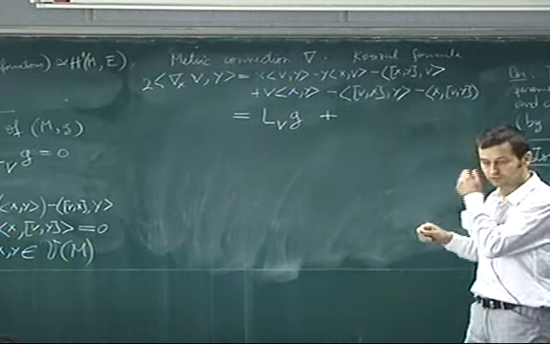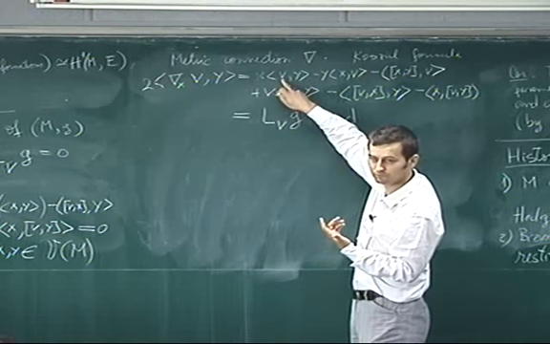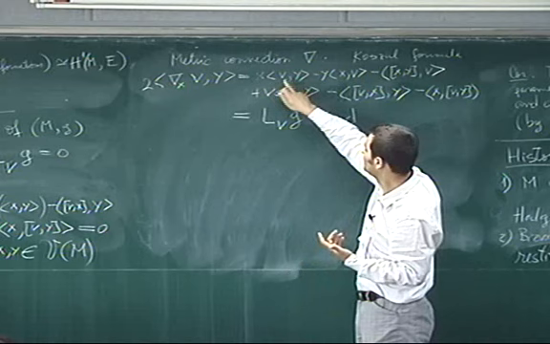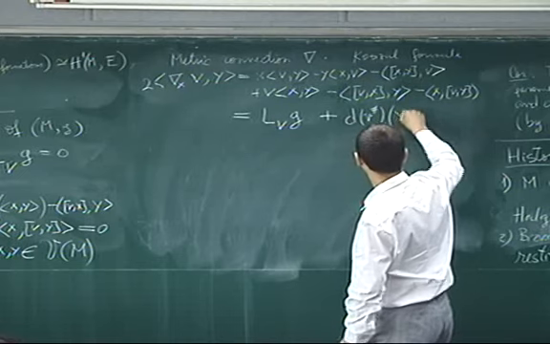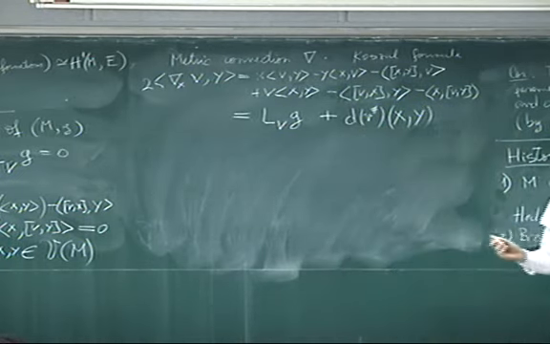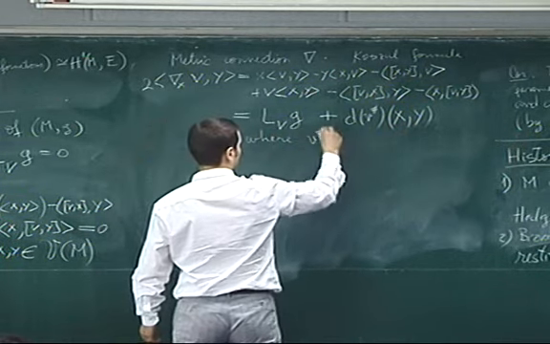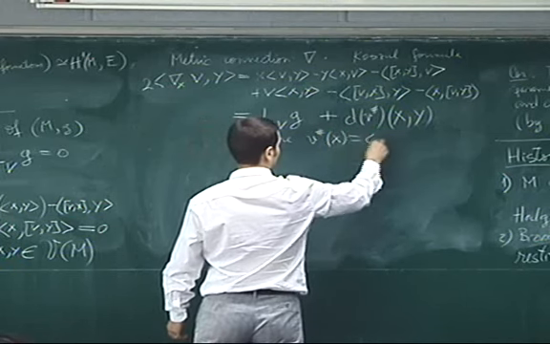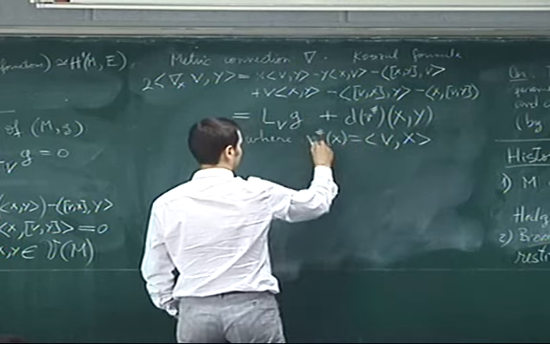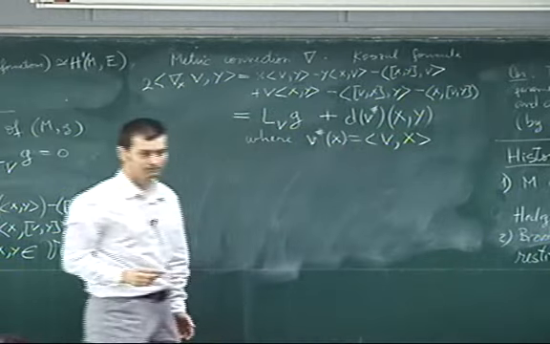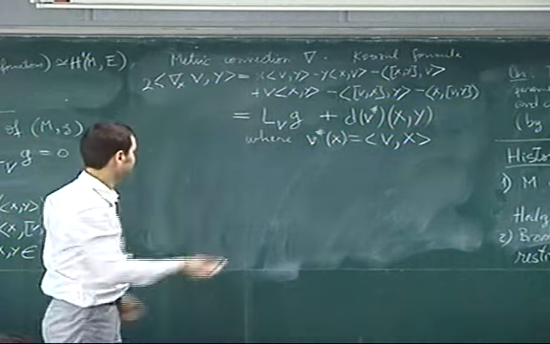And the first terms are just the exterior derivative: if we look at V as defining a one form by scalar product, this is d of this one form, say capital V, applied to X and Y. Yeah, this is the Cartan formula for the exterior derivative of a one form.